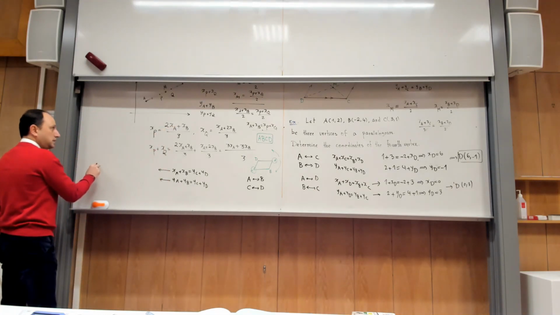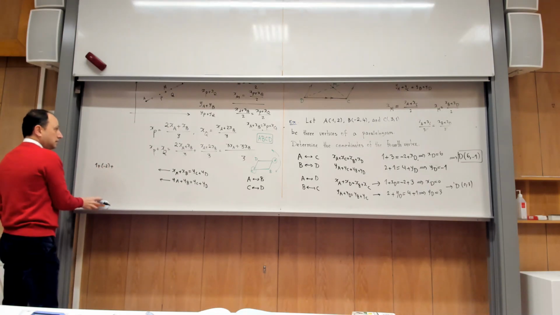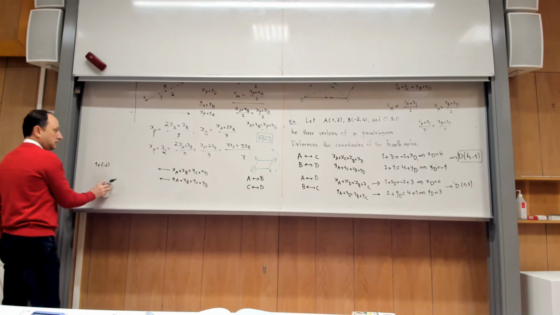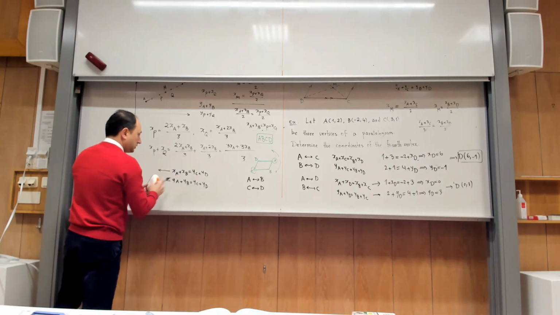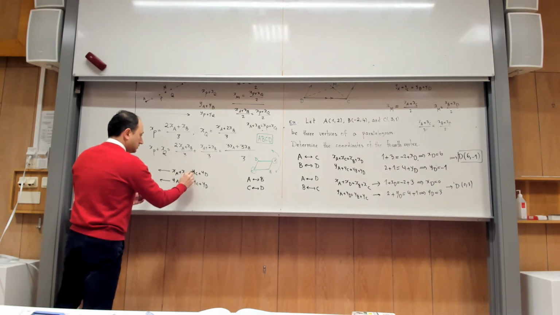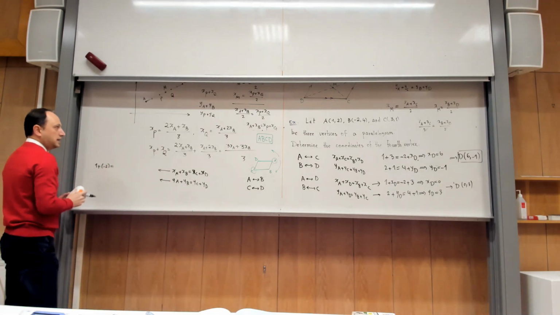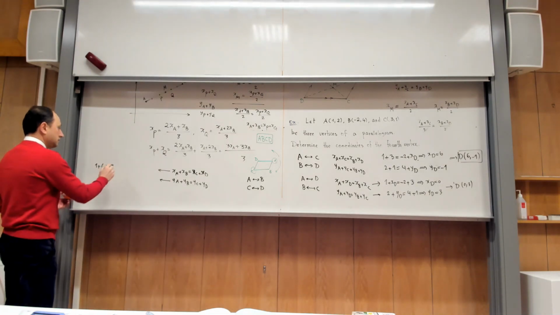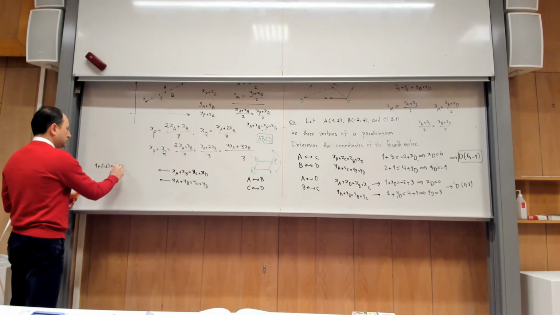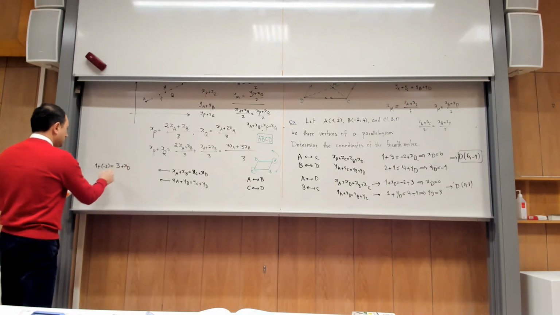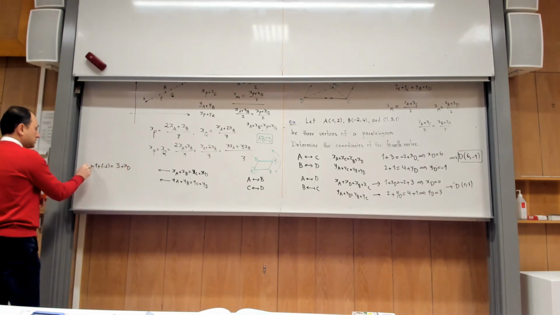What is XB? XB is minus 2. Oh, sorry, all of them are X. Okay, so what is XC? XC is 3. What is XD? We don't know. So if I calculate this, XD becomes minus 4.